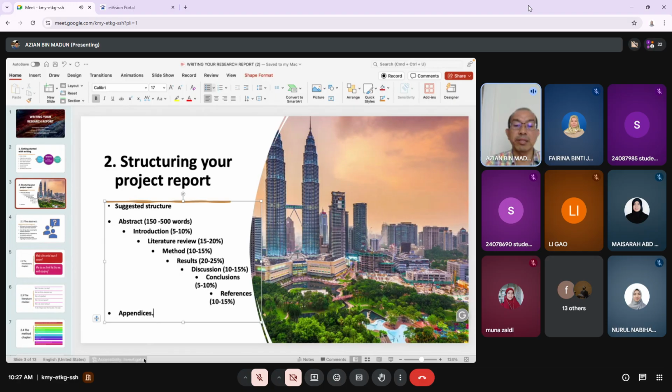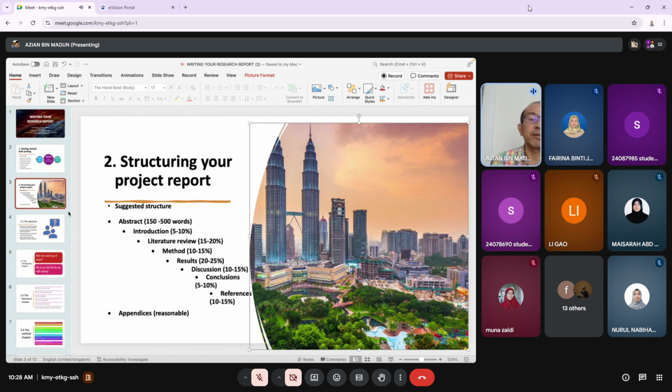Appendix, this one is unlimited. Well, not unlimited, but as reasonable as you see fit. Okay, appendix, these are something about the structure. So that's how you measure. If you look, it's like the shape of a vase, or more exactly, a human body shape.